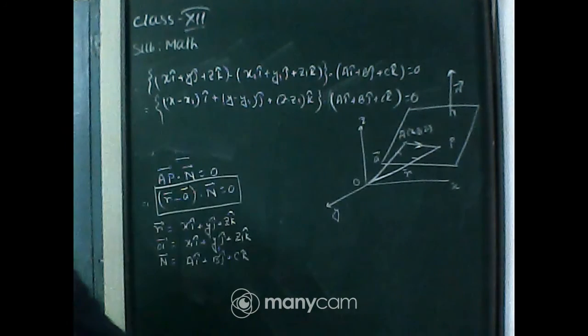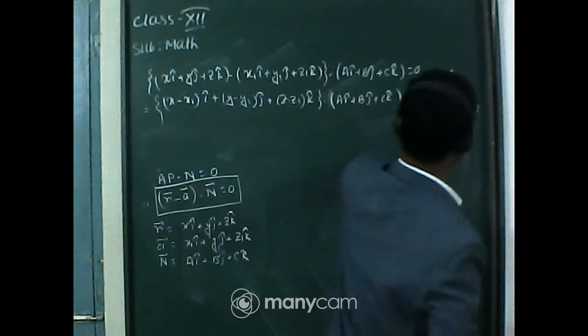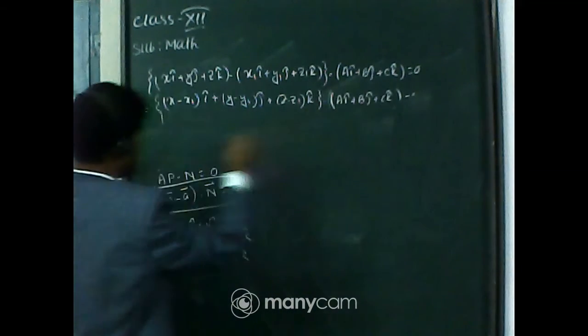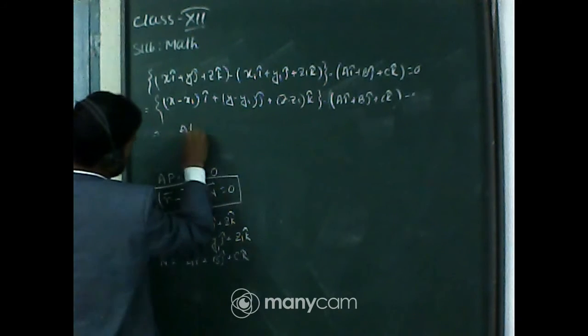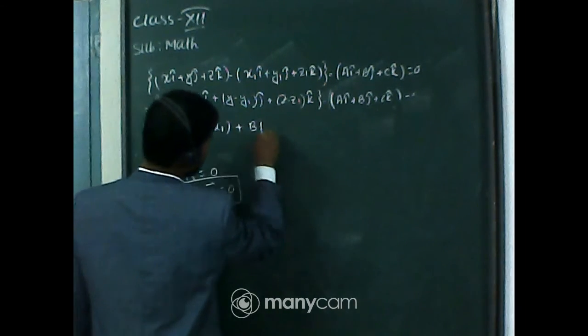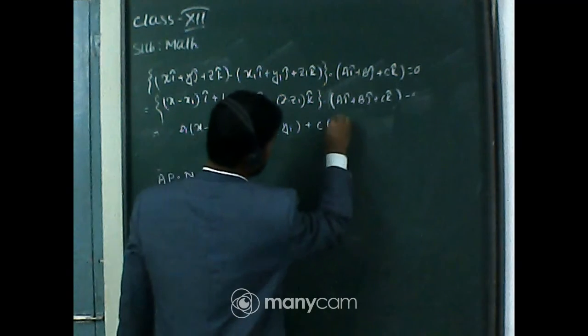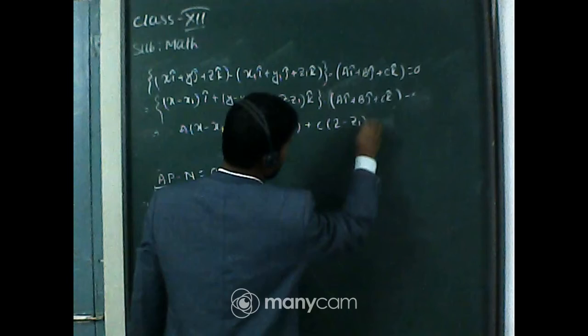Now find the dot product of the vectors. It will be a into (x minus x1) plus b into (y minus y1) plus c into (z minus z1) is equal to 0.